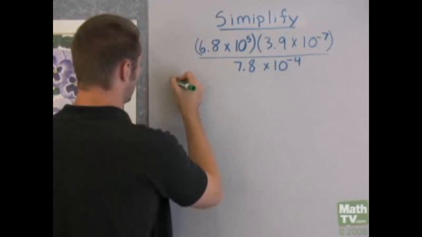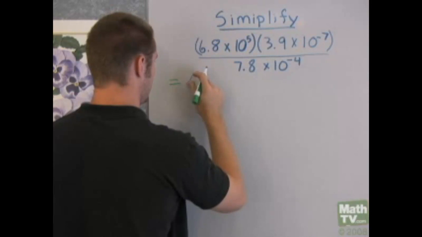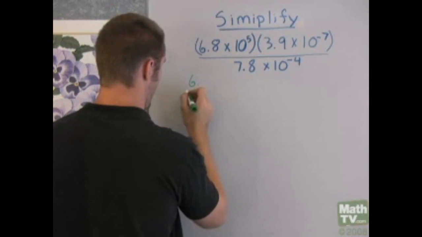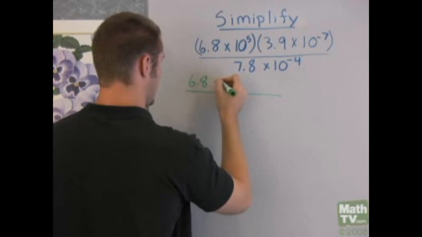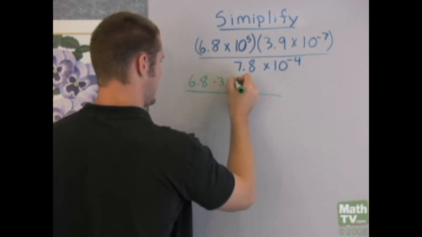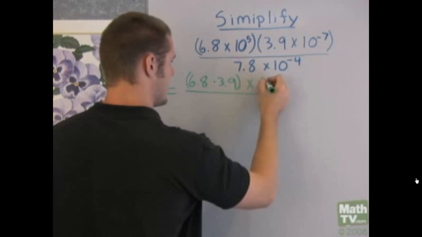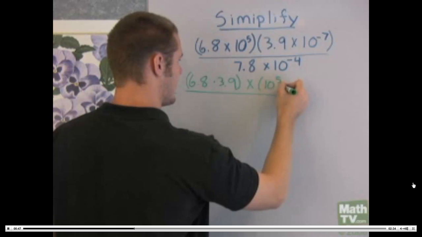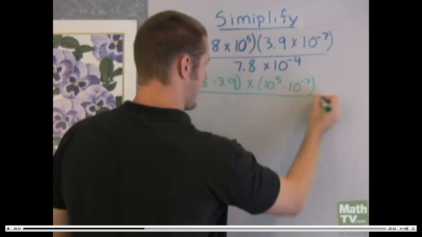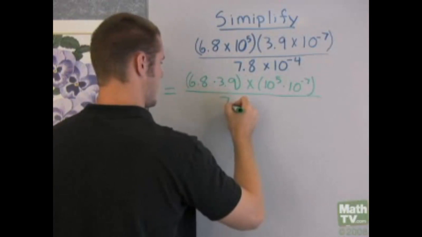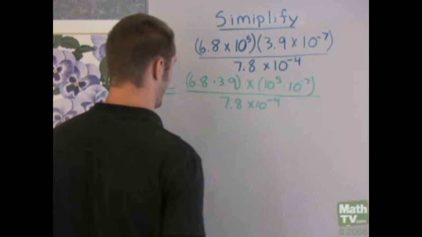So first we need to rearrange this so we get 6.8 times 3.9 times 10 to the 5th times 10 to the negative 7, all over 7.8 times 10 to the negative 4.